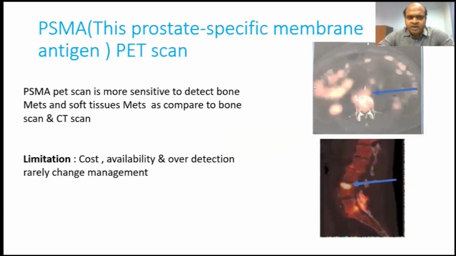Whereas if you are doing a bone scan for bone metastasis, you may need another imaging like CT scan or MRI to find soft tissue metastasis if you are not doing a PSMA PET scan. So that is one major advantage of PSMA PET scan. However, in the current scenario, PSMA PET scan is not the standard investigation for evaluation of metastasis of prostate cancer, though it is widely used by urologists throughout the world.